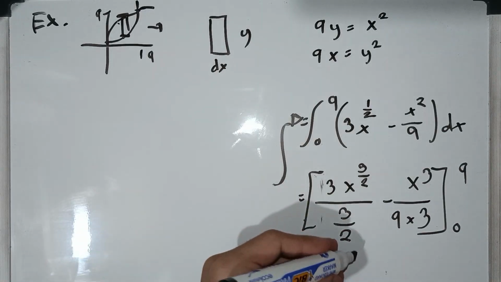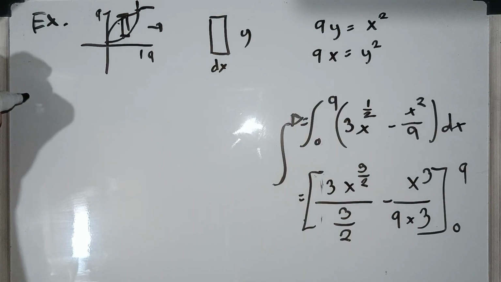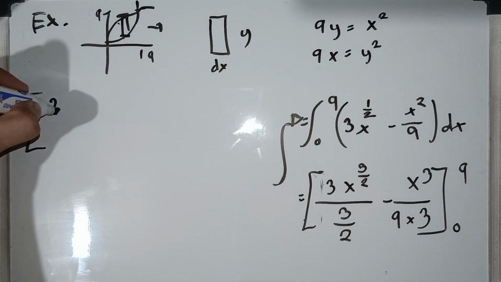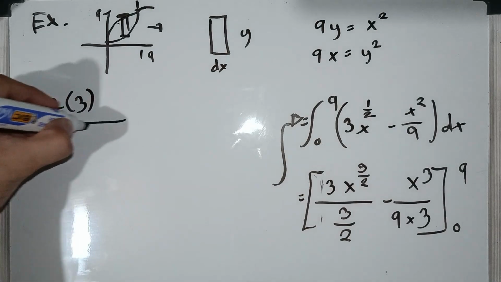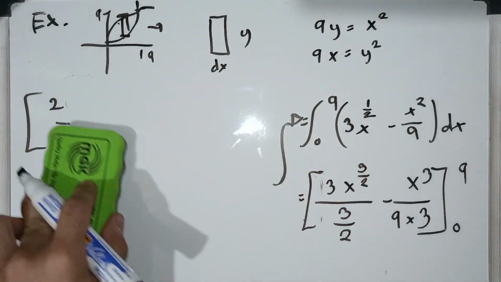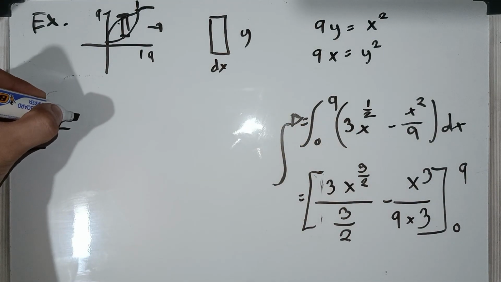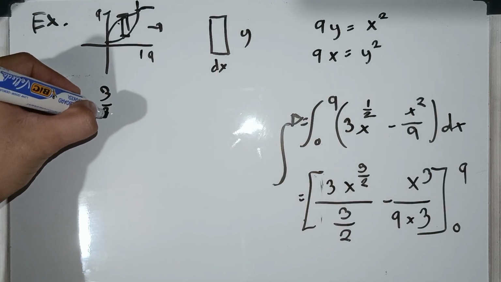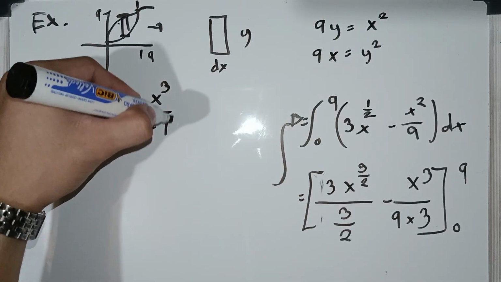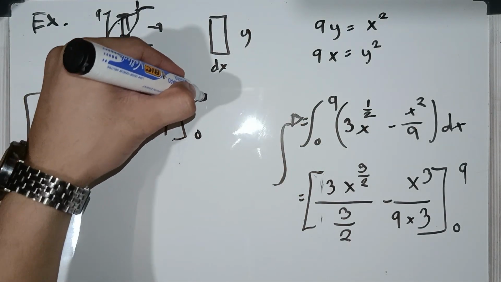Now we have this one, so let's multiply it from the numerator. That is equal to 2 times 3 all over 3. Since we have this, cancel this one. So this is now equal to 2x raised to 3 over 2 minus x cubed all over 27 with the limit from 0 to 9.